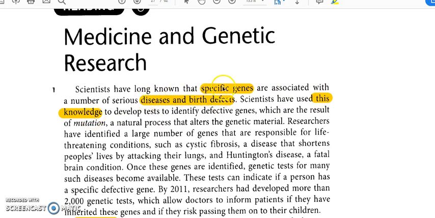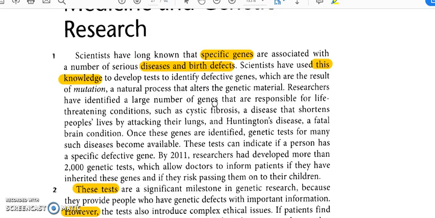Diseases, birth defects, and specific genes, to develop tests to identify defective genes. So we know that the main idea here, what it's going to talk about, is specific genes, diseases, and birth defects, and that we have tests to identify these defective genes that cause disease and birth defects.